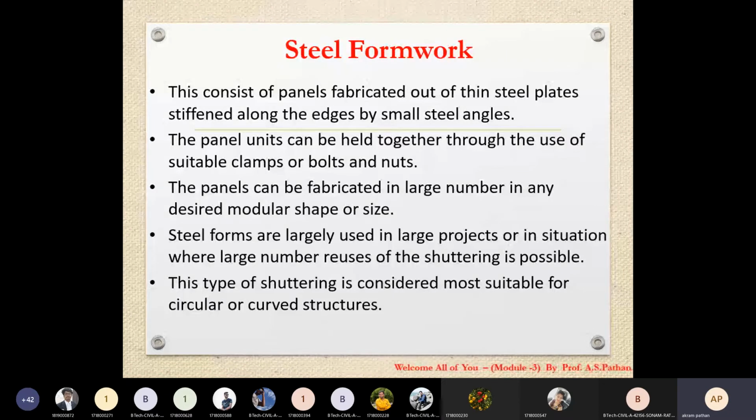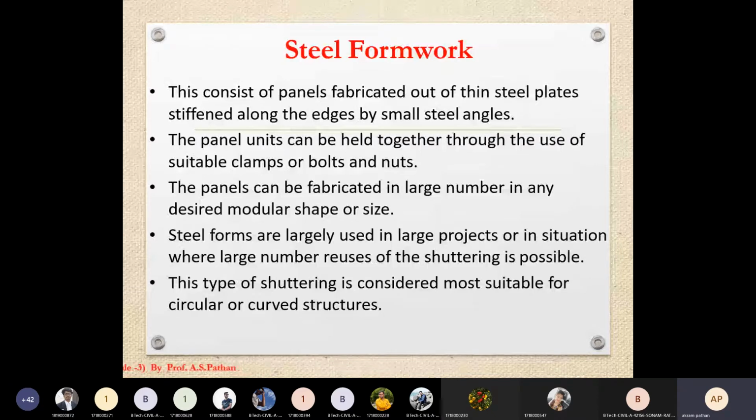If you want to cast a rectangular or square column or any type of beam, we require four steel plates, and to hold all the steel plates together, we have to attach steel angles.